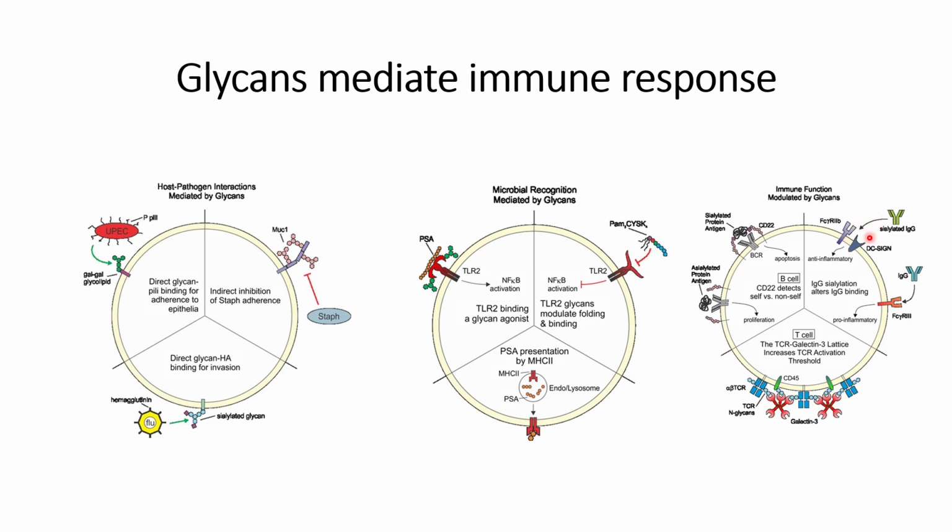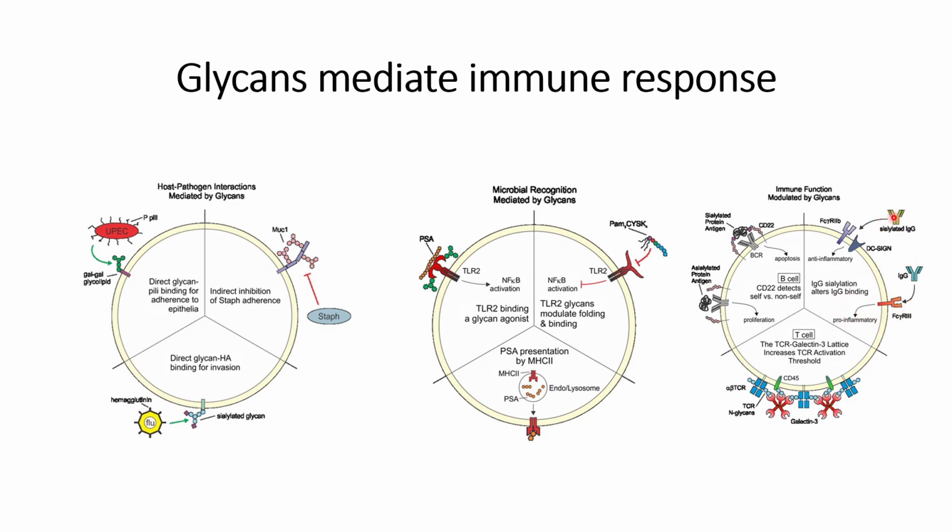Here the immune interactions are shown in the form of antibodies, where we can see that sialylated antibodies will trigger an anti-inflammatory response, or we can say it will try to suppress the immune response, whereas non-sialylated antibodies will lead to a pro-inflammatory response, so it will upregulate the immune response.